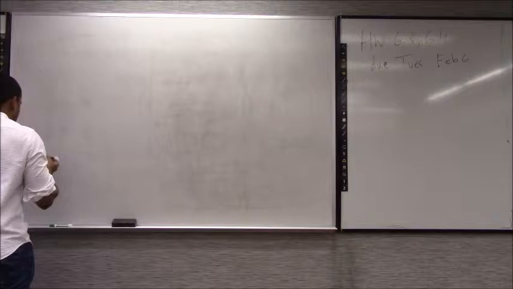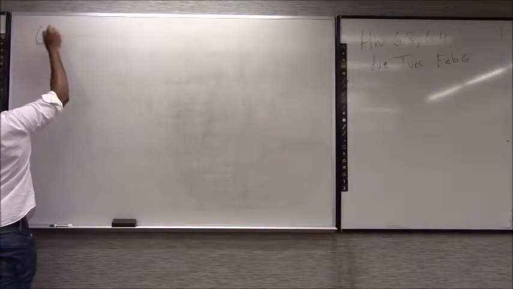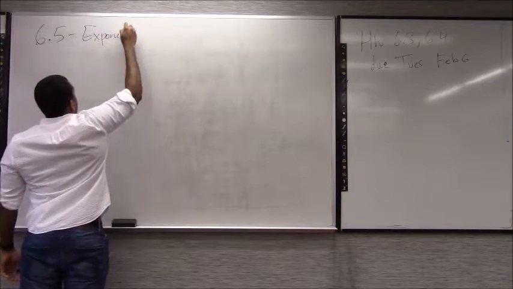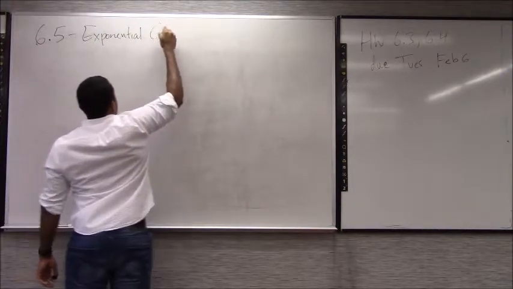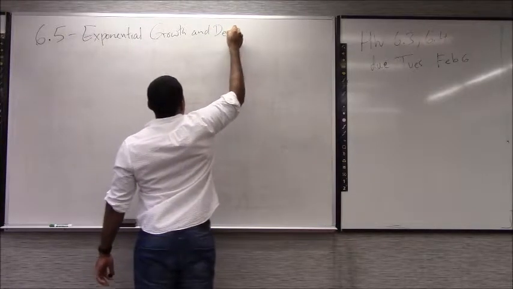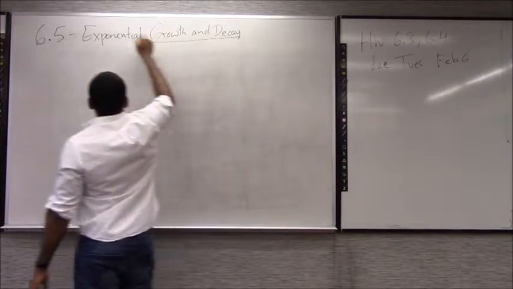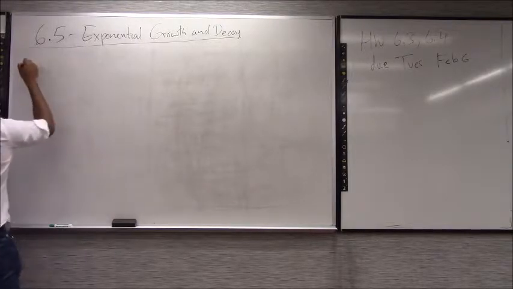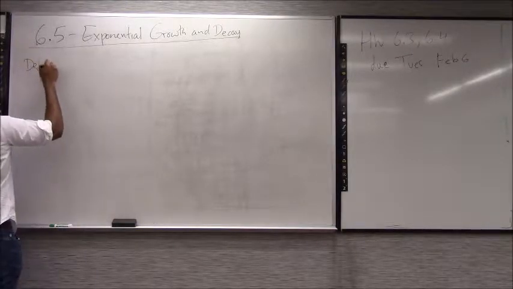Did I skip a section now? So this is 6.5, exponential growth and decay. We can look at a definition.